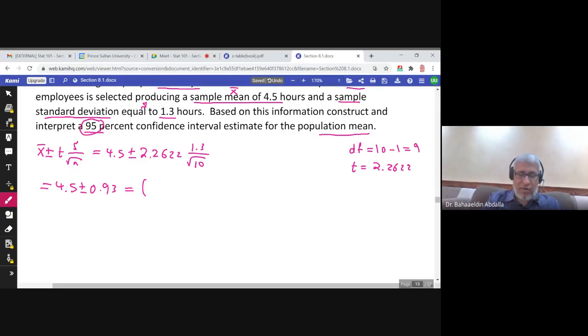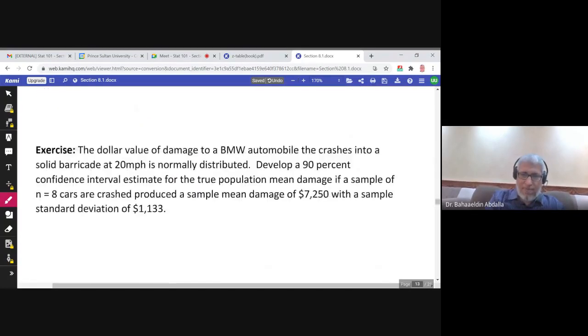It's 4.5 minus 0.93, which is 3.57, and 4.5 plus 0.93, which is 5.43. We are 95% confident that the population mean lies between these two values.